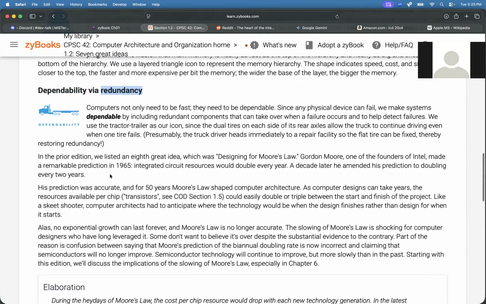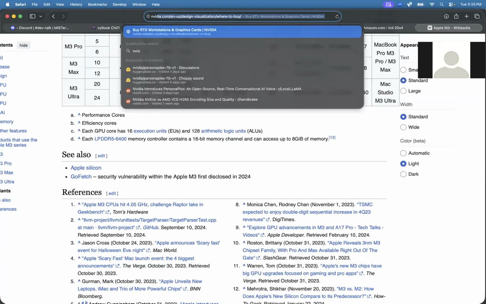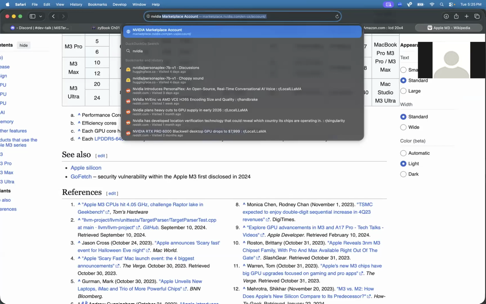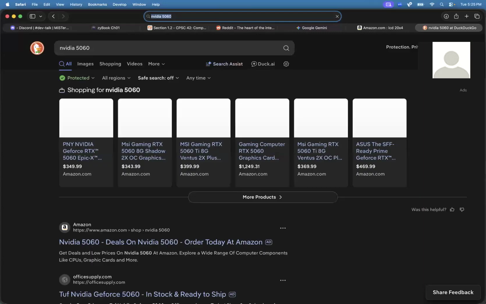Okay. So redundancy is built in. Also, if you look up things like, maybe I can do this, let's look up NVIDIA. Let's look up a 4090, a 5090, no, 5070, 5060.